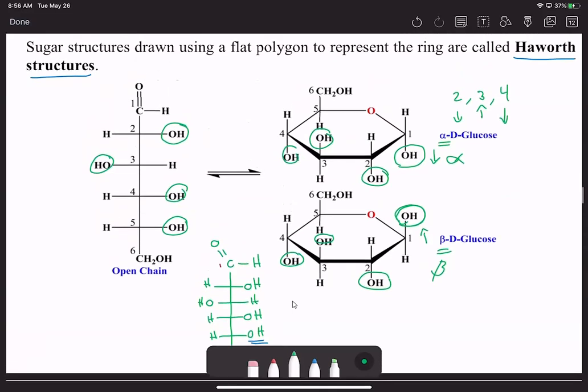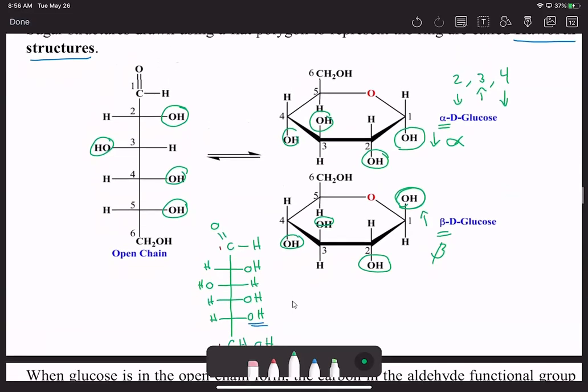So one thing that you also need to know here is that this Fischer projection can only tell D or L. You can't tell alpha and beta from a Fischer projection, and you can't tell D or L from a Haworth structure.